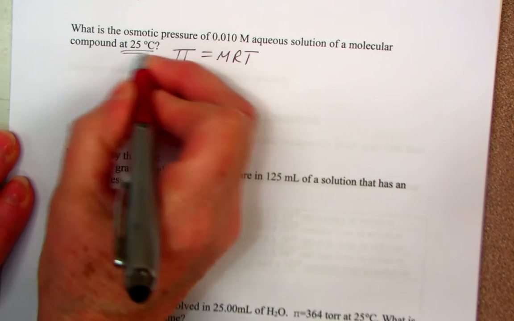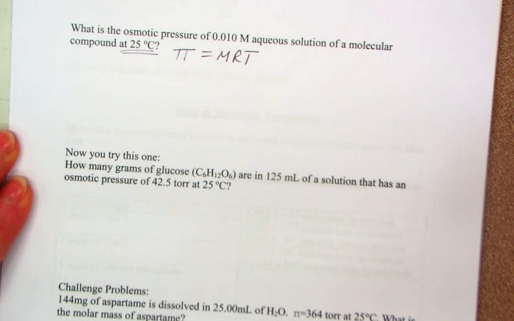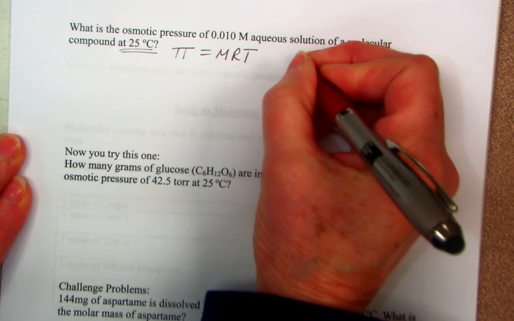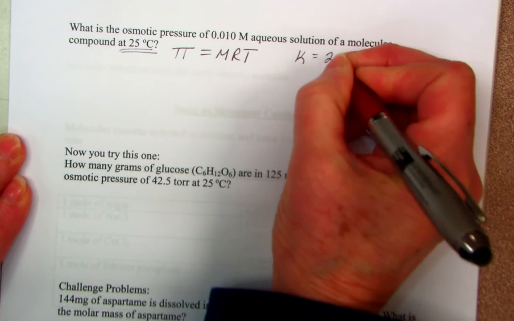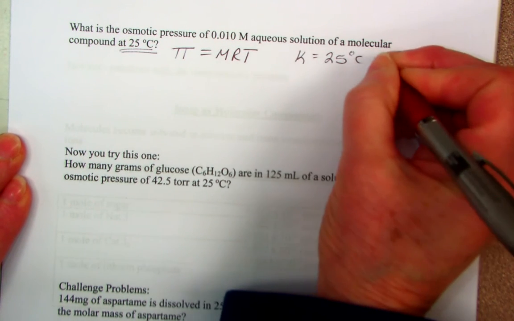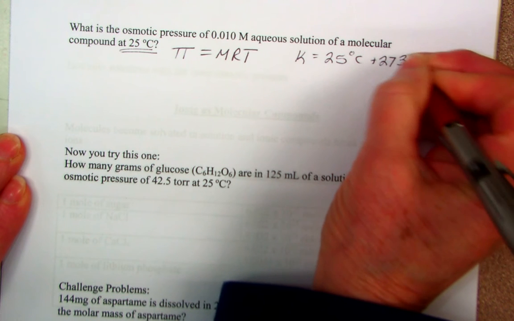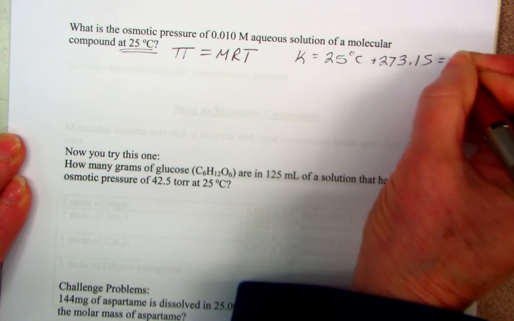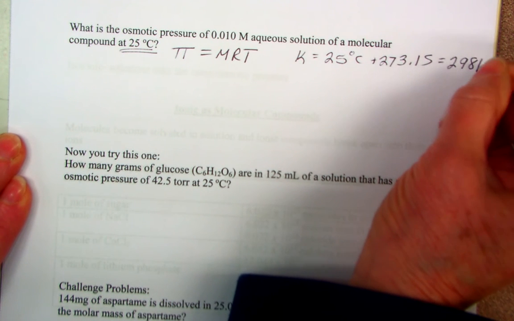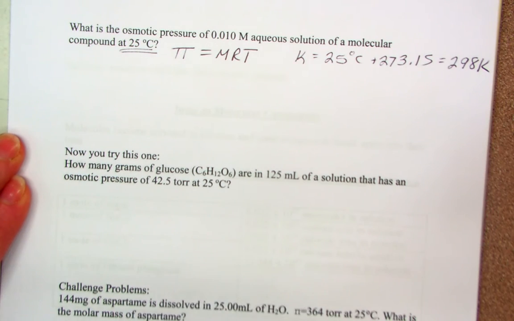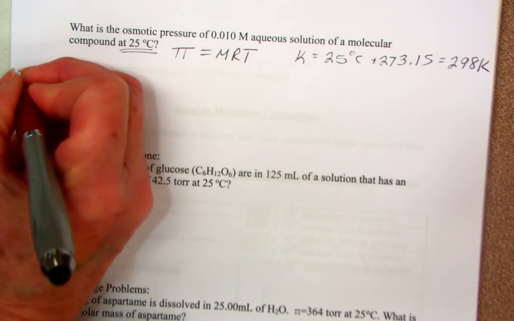Change Celsius to Kelvin. You never plug Celsius temperatures in. So the Kelvin temperature is equal to the Celsius temperature, 25 degrees, plus 273.15 Kelvin, so we get 298 Kelvin, stopping in the ones place. Now we plug and chug.